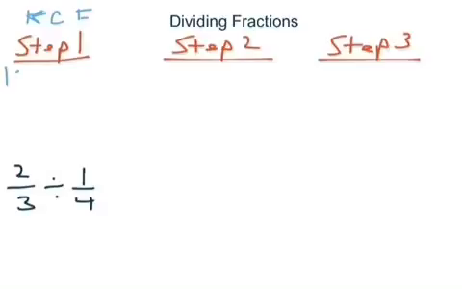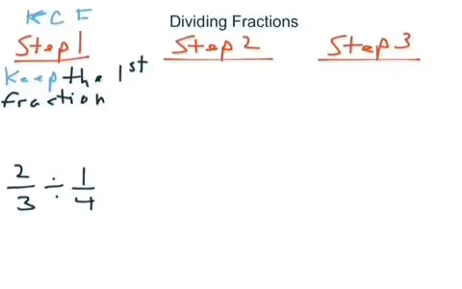So step 1 is keep the first fraction, and that's the K right there. C is for change, so we're going to change the division sign to multiplication.